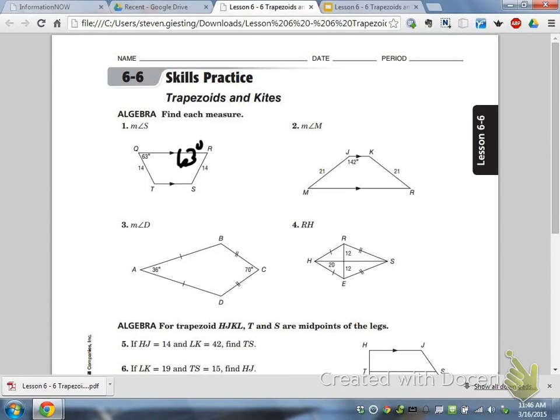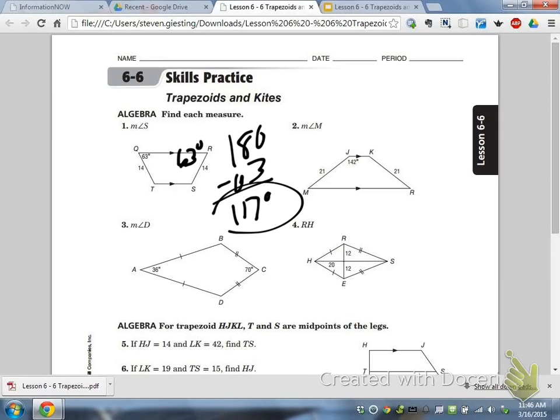R is 63 because the base angles are congruent, the angles on either end of the base being the parallel sides. The leg angles are supplementary because they're consecutive or same side interior. So it would be 180 minus 63, which is 117.